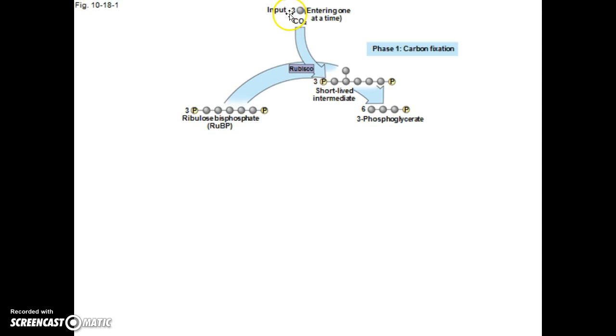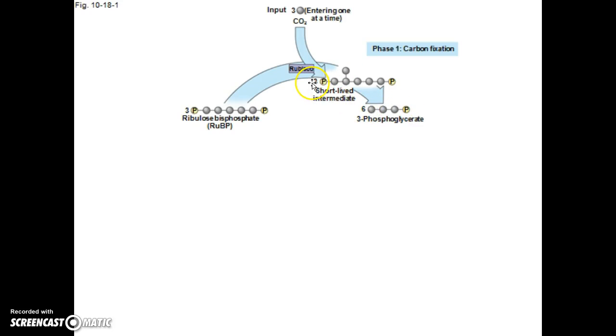Looks like we have 3 carbons entering at one time. One of these carbons is going to plop onto RuBP, forming a new molecule that has 6 carbons. And we have the 5 and we have the 6 right here. This will be broken down into some 3-carbon sugars.